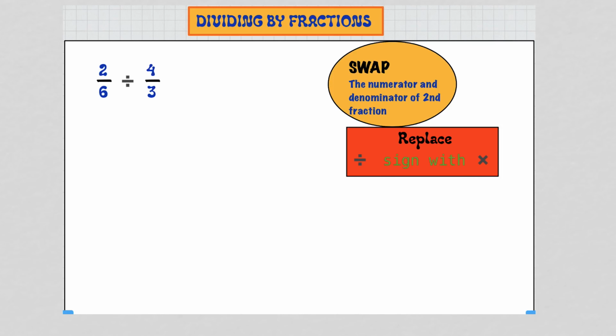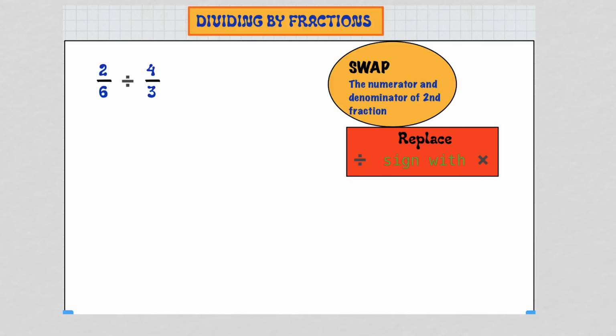The next one in fractions is dividing fractions by fractions. The first thing you need to do in this one is swap the numerator and denominator of the second fraction, please. And when you do that, then you can replace the division sign with the multiplication sign.